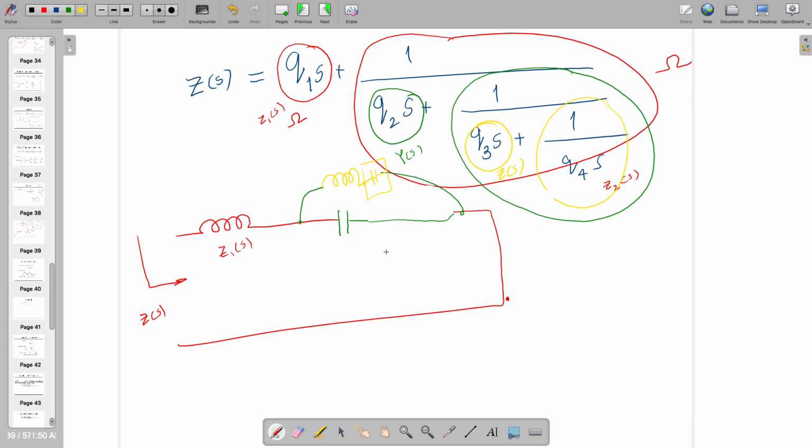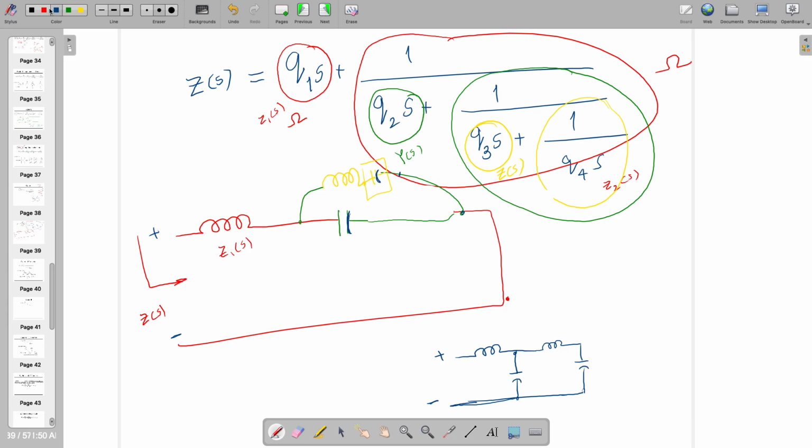So if I redraw this network, how will this network look? The capacitor's negative plates are both shorted with, maybe, the minus terminal of this one.